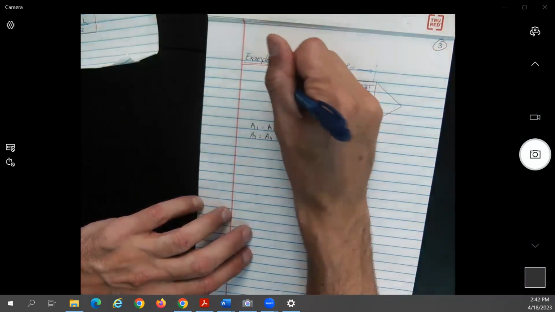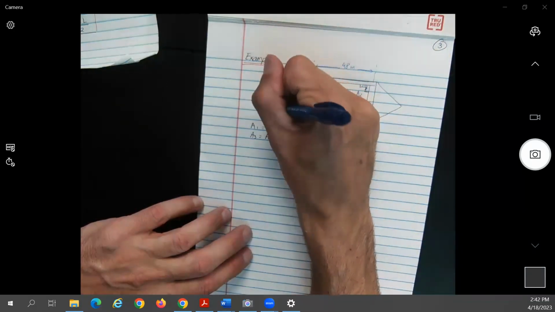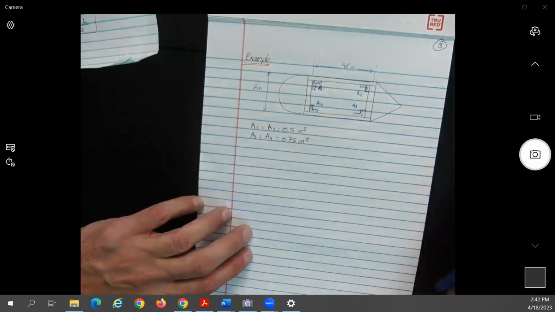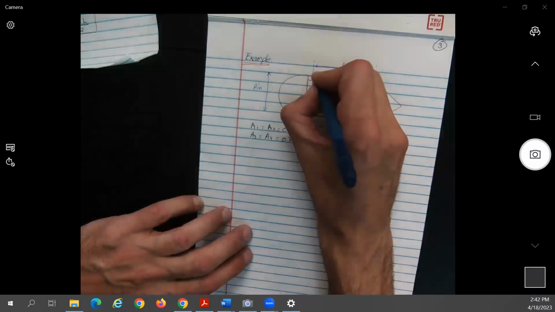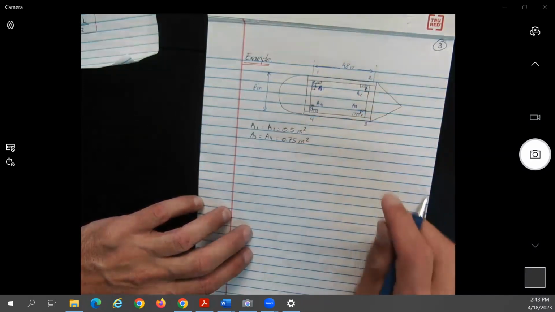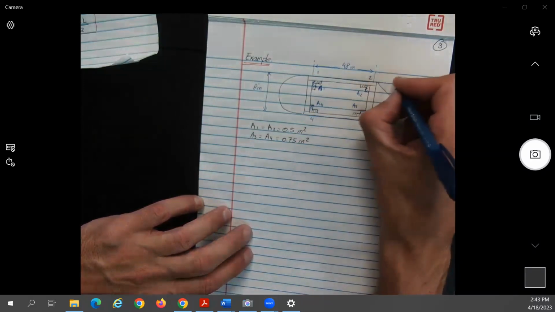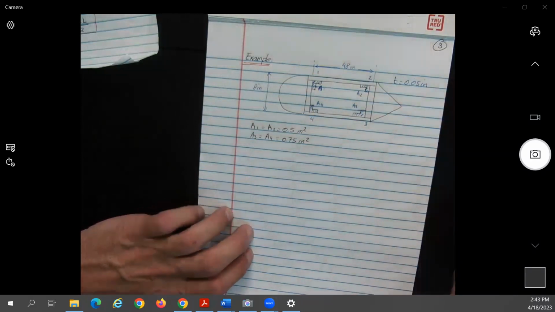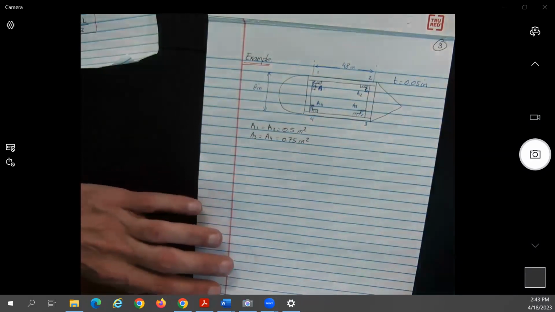The depth will be 8 inches. And let's say the thickness of each panel will be pretty thin, 0.05 inches. So we can use the thin panel assumption.